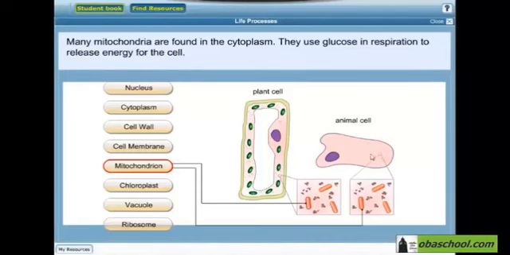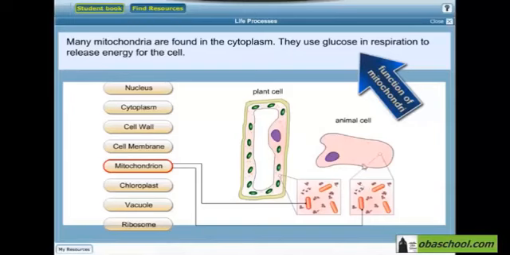They use glucose in respiration, to release energy for the cell. So glucose, sugar that we take in through food, the mitochondrion will use it to make energy for the cell. The process in which the mitochondrion uses this glucose to make energy for the cell is called cellular respiration.